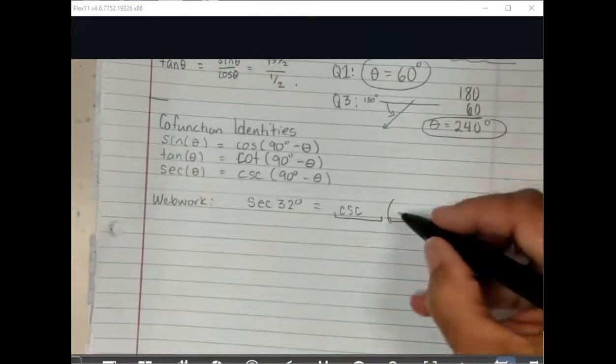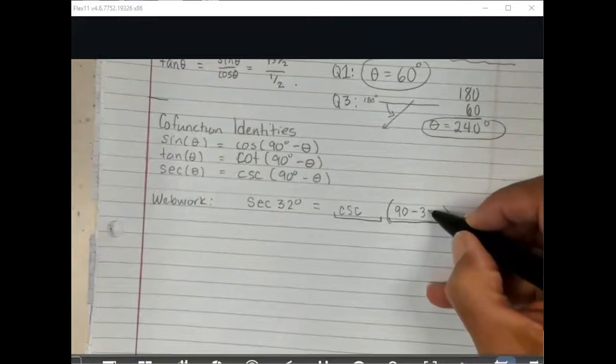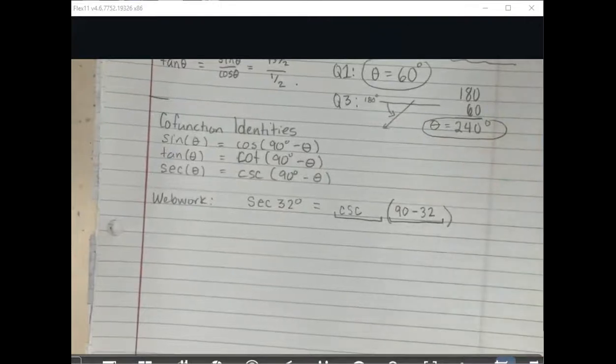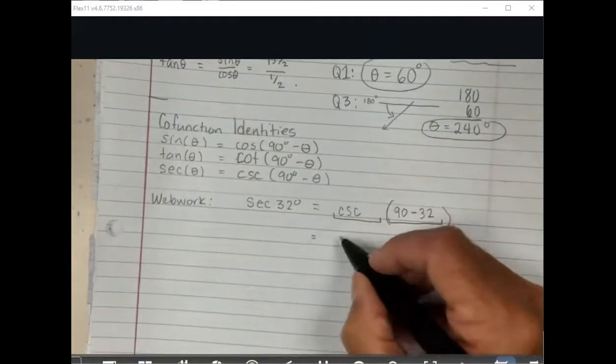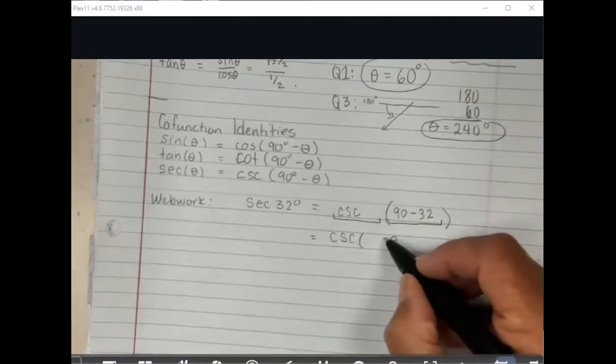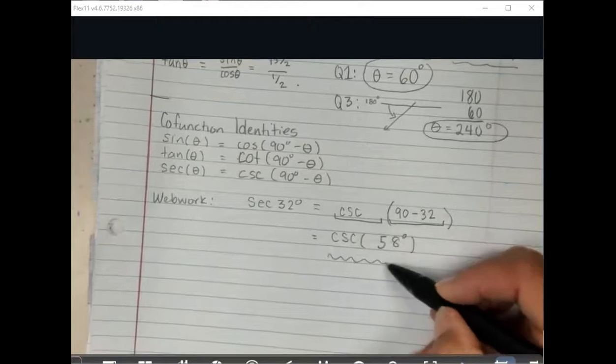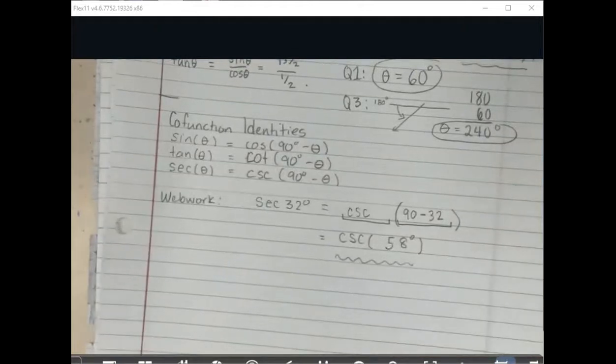And the measure of the angle is whatever you get when you take 32 away from 90. So for this problem, it will be the cosecant of, what is that, 58 degrees? So there's our answer on that one. Is that okay?